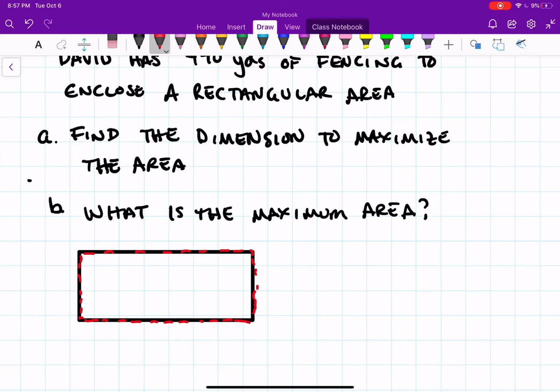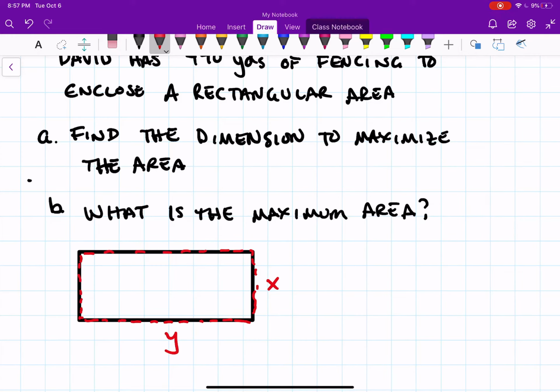So 440 yards needs to cover this, right? The only thing I know is it doesn't tell me the relationship between the length and the width. I don't know that. So let's just call this side x and this side y.